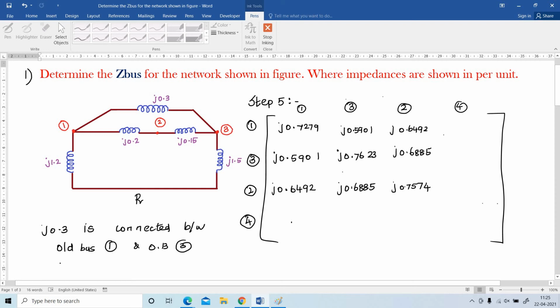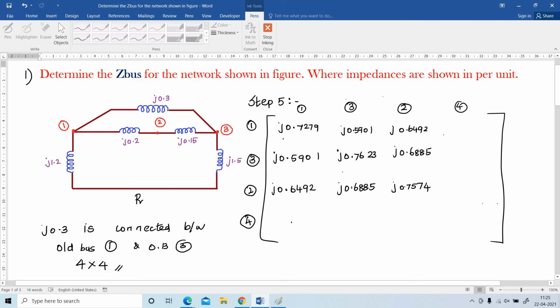Therefore, the order of the matrix is increased by 1, the Z bus order is 4 cross 4. But the final matrix should be 3 cross 3 only. So the last column and last row element should be eliminated to get the required matrix.